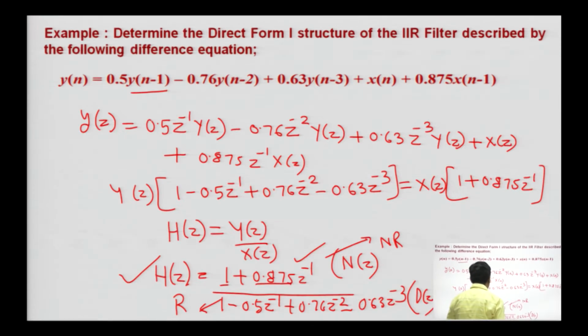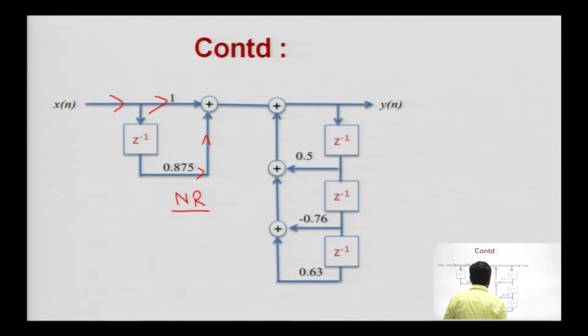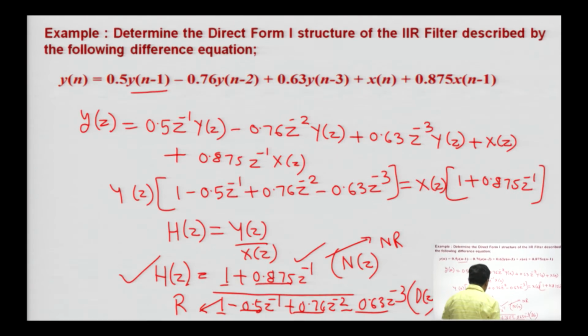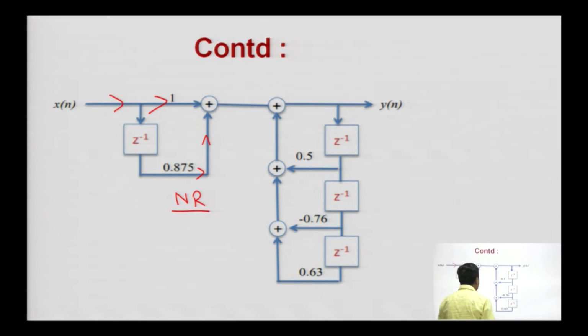Similarly, if you can see here, this is your recursive part. Now, the coefficients are minus 0.5, plus 0.76 and minus 0.63 in your H(z), but whenever you realize your structure, your sign will be negative. Okay. So, it means if there it was minus 0.5, here it will be plus 0.5.